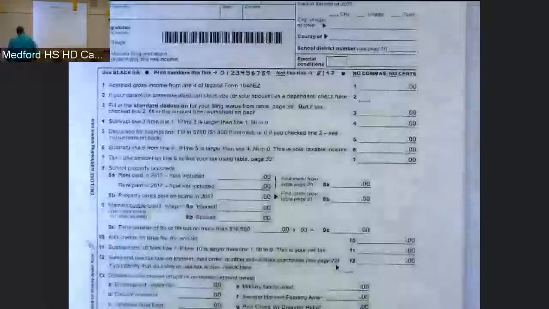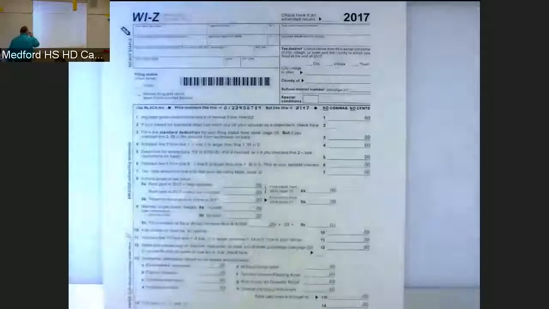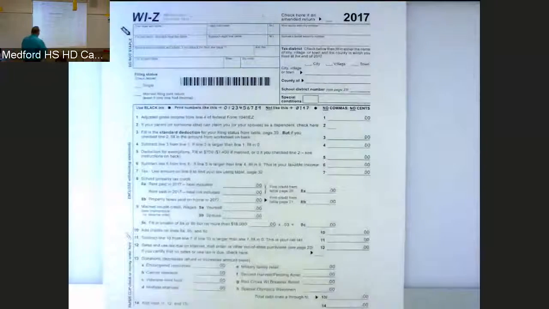Okay, now we have to do the same thing, or fill out the state side. The state form looks like this. It's a little bit more complex.